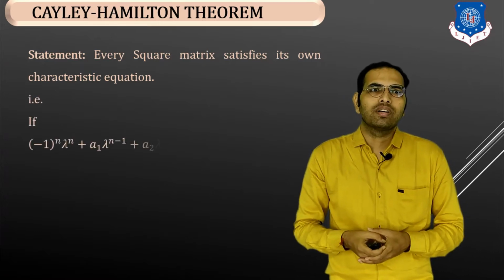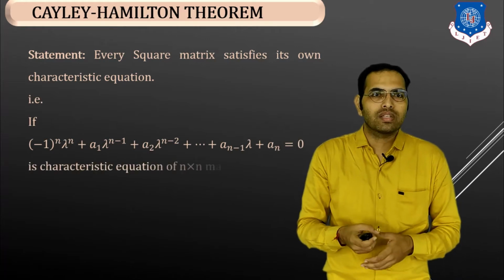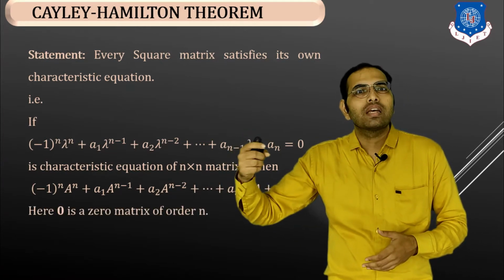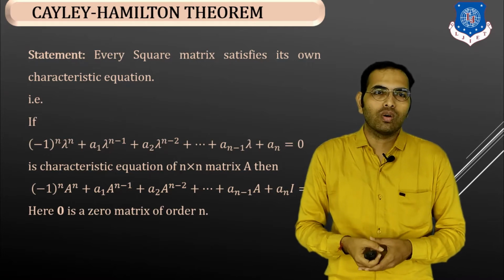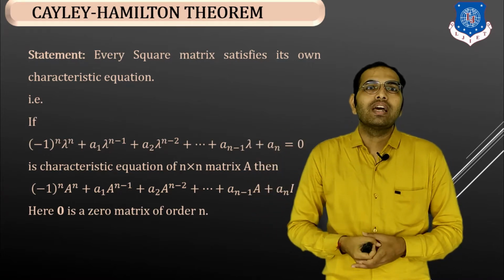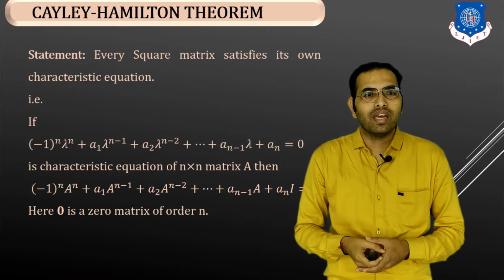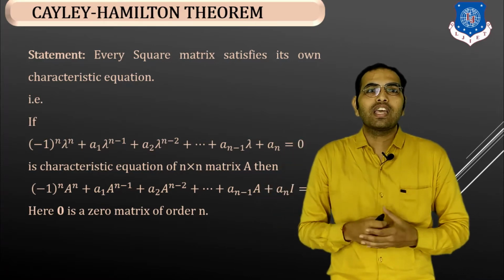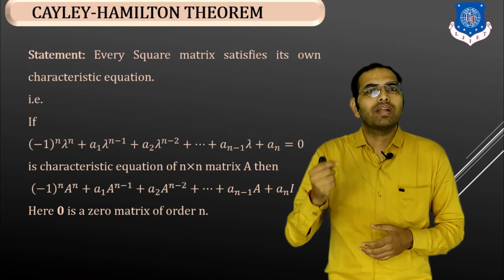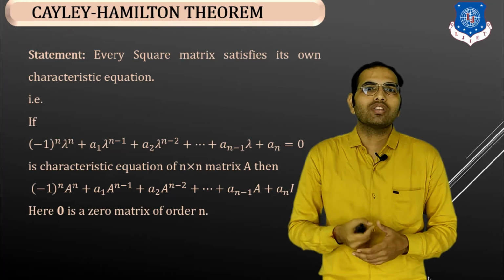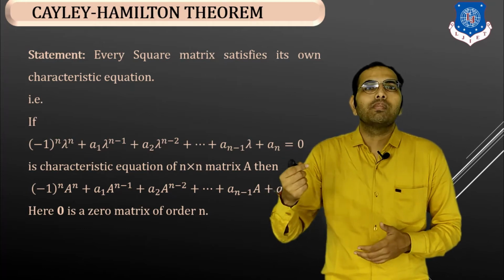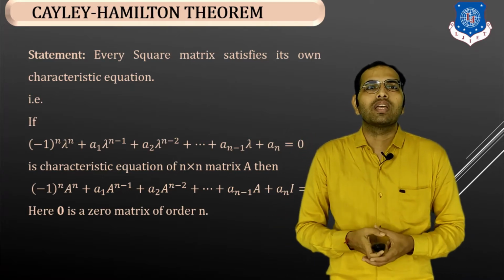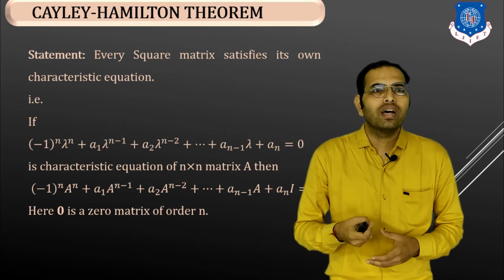For example, if (-1)^n lambda^n + a1 lambda^(n-1) + a2 lambda^(n-2) and so on, + a(n-1) lambda + an = 0 is the characteristic equation of the n cross n given matrix capital A, then replace lambda with the given matrix A. That will give you (-1)^n A^n + a1 A^(n-1) + a2 A^(n-2) and so on, + a(n-1) A + an I = 0, where I is the identity matrix and 0 is the null matrix of order n.